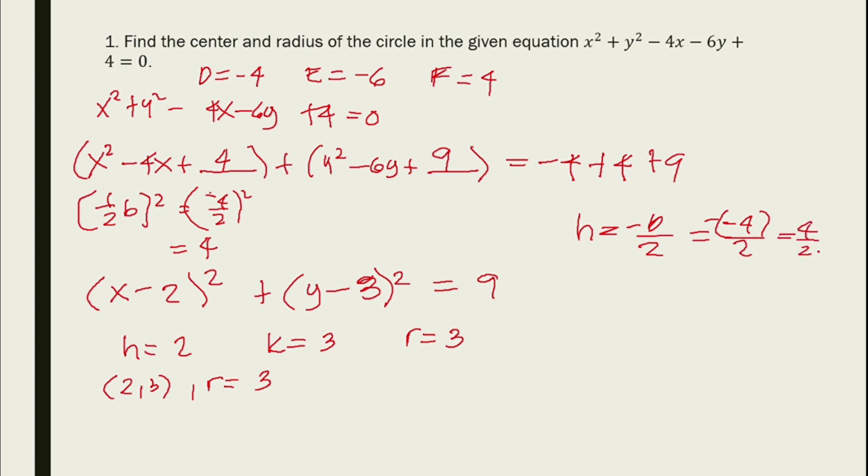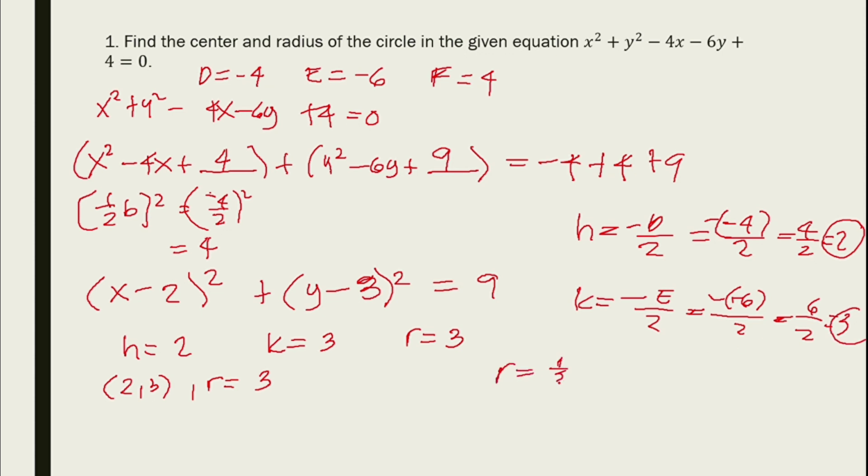And our k here is negative e over 2. So what is our e? Negative 6. So negative times negative 6 over 2, that is 6 over 2, that is equal to 3. And our radius is equal to one-half the square root of d squared plus e squared minus 4f.